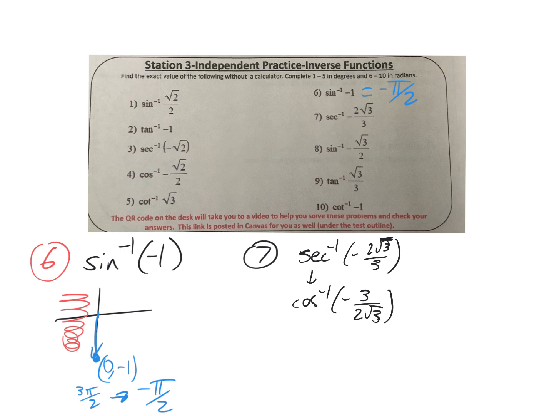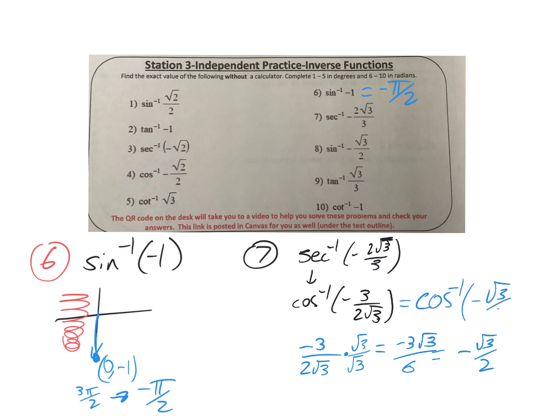This looks super ugly, but let's simplify that, and then we'll see that it's actually not as bad as it seems. Okay, -3 over 2√3 multiplied by √3 on top and bottom. Okay, -3√3 over 6. Reduce, and you get -√3 over 2. Okay, so this is cosine inverse of -√3 over 2.